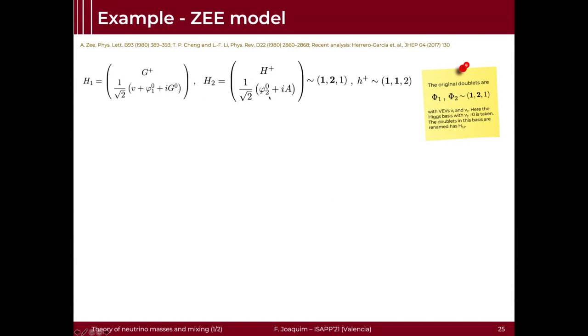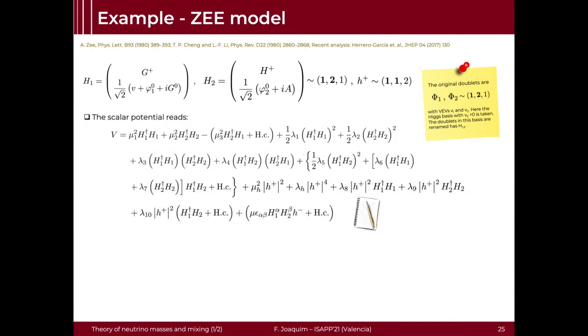Now here you may be surprised and ask why the neutral component of H2 doesn't have a VEV, but I have done a trick, which is to go to the Higgs basis, where one of the doublets is VEVless. So originally, these could be called phi1 and phi2.